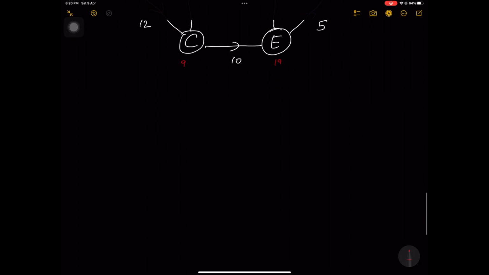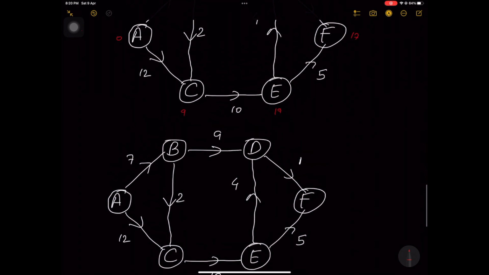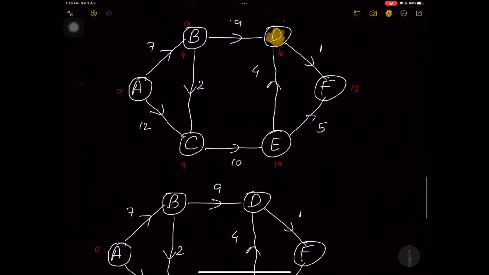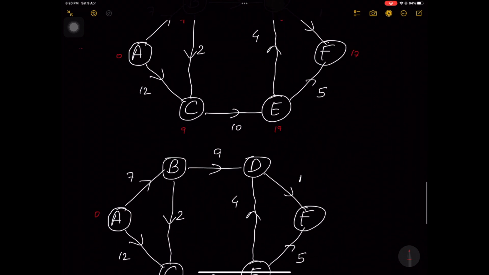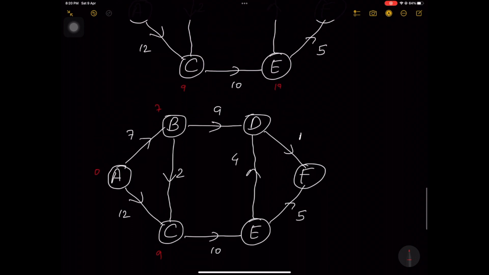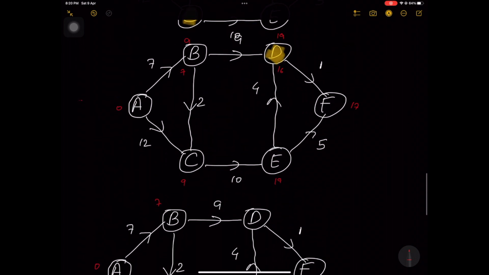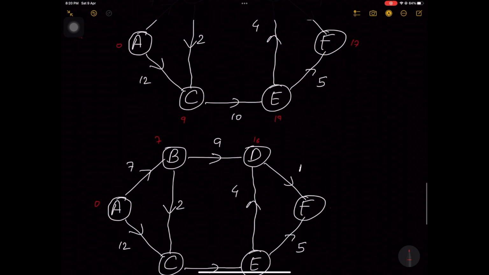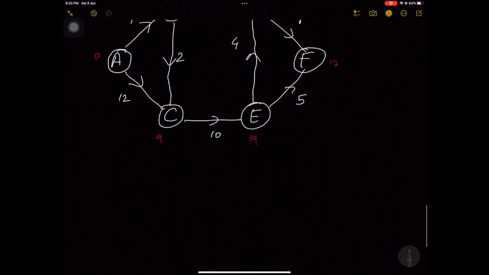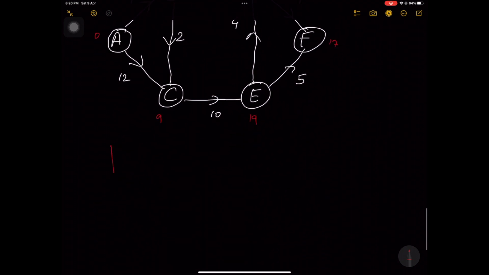So we have our final values over here of the shortest path, which are 0, 7, 9, 19, 16, and 17.